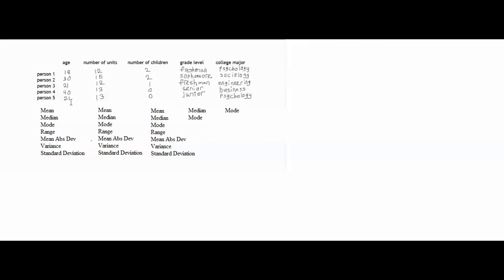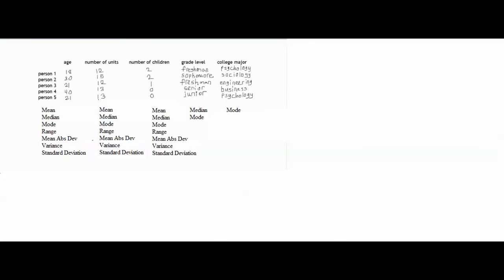And you can see here that each column of data has its own values for all of these descriptive statistics. So all 7 of these descriptive statistics are meant to summarize one column of data. And I'm not actually going to calculate these values.